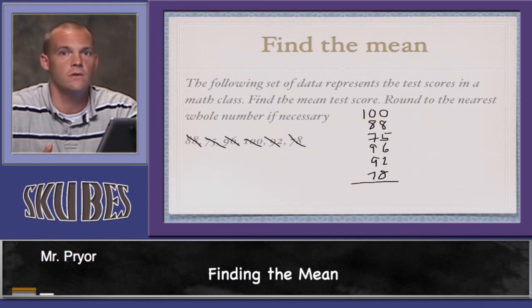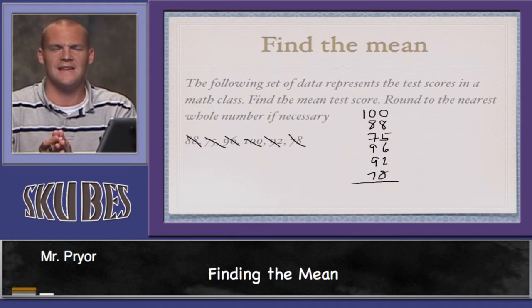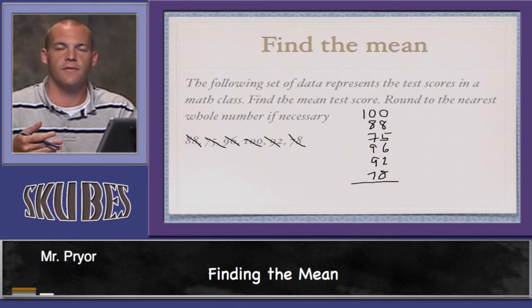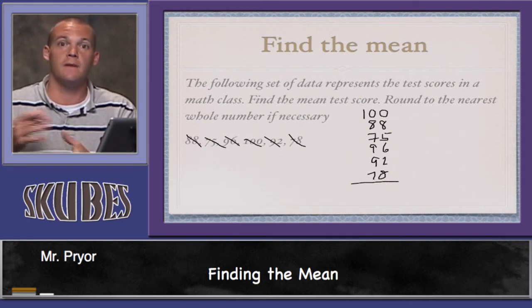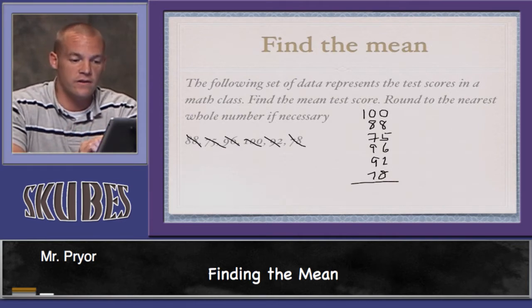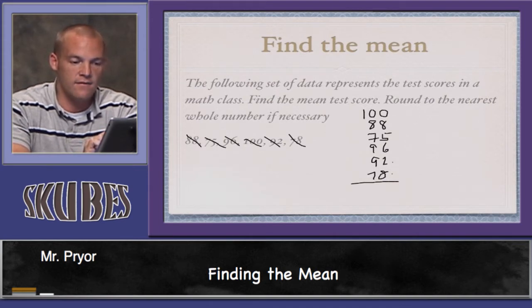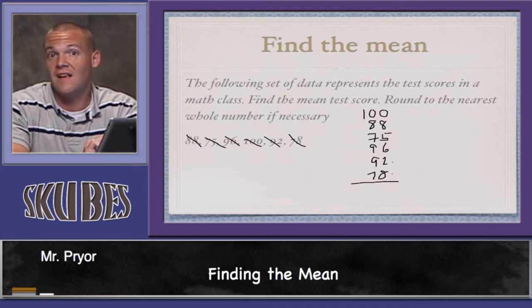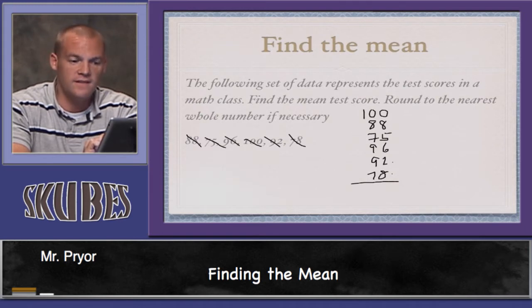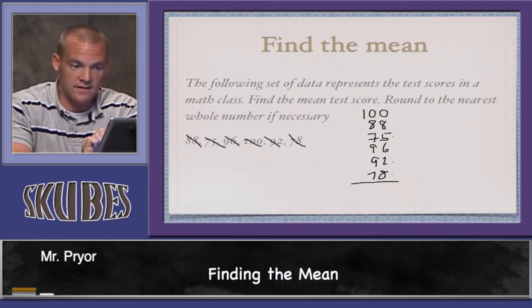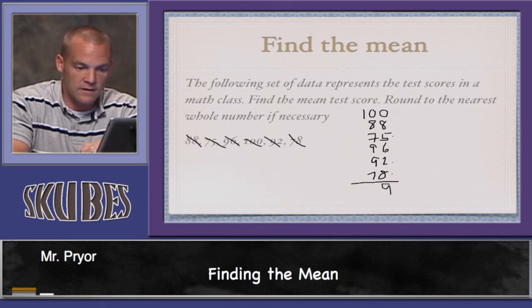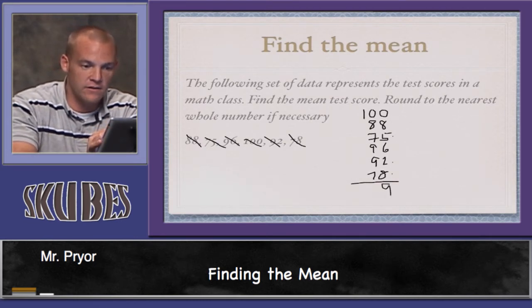What you can do is look for those compatible numbers that make 10, like 8 and 2, or 6 and 4, which makes your addition a little easier. So you notice here I have 8 and 2 at the bottom. I can go ahead and add those. That's 10. If I add 6 and 5, 6 to 10, that's 16. Then 16 plus 5 is 21, and 21 plus 8 is 29. So I put my 9 at the bottom and carry the 2.